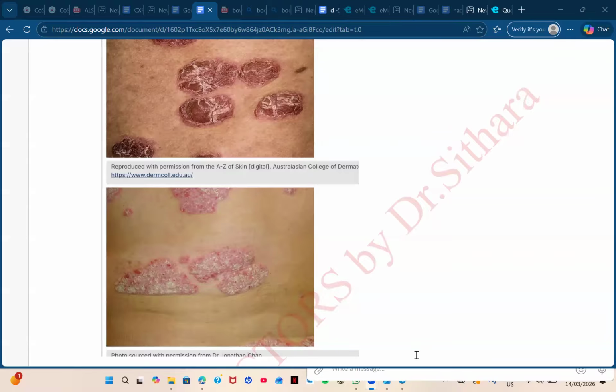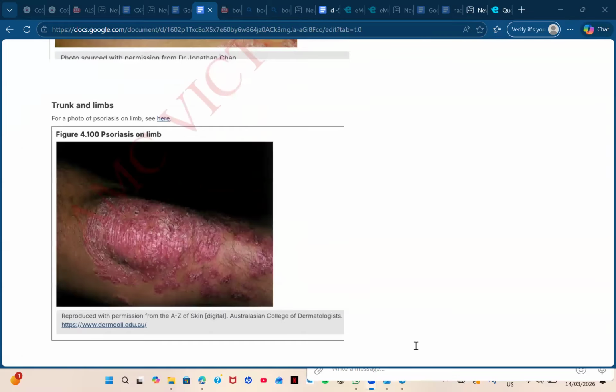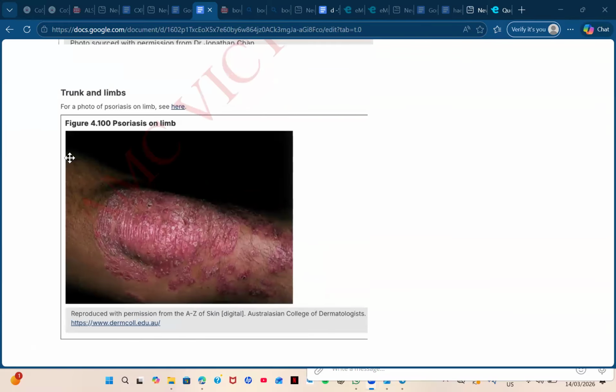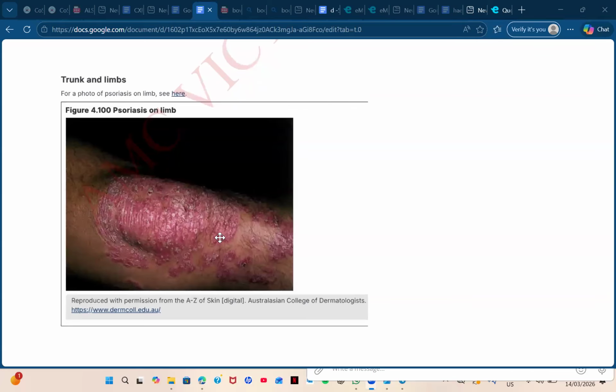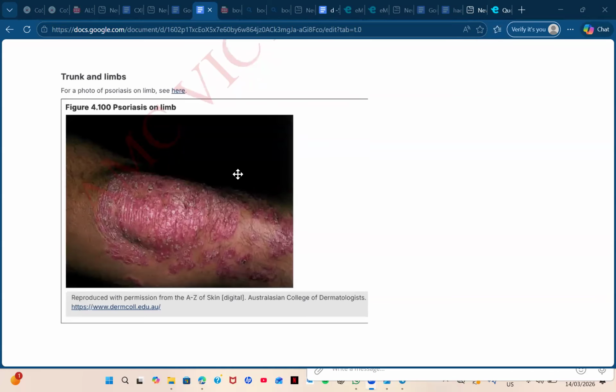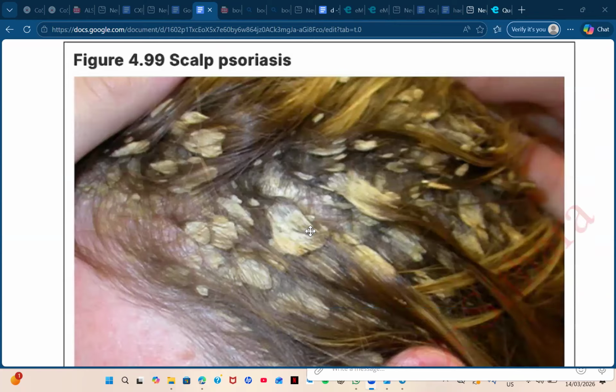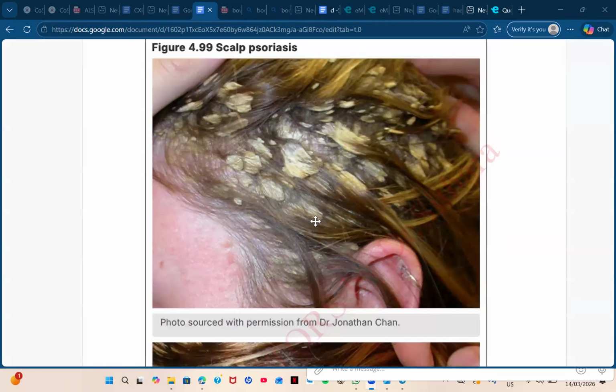Please remember. Psoriasis also has different types. Trunk and limb psoriasis: here you can see the salmon pink scale with silvery shading, right? Then we have scalp psoriasis, and these different psoriasis types have different management. Please go through them, okay?